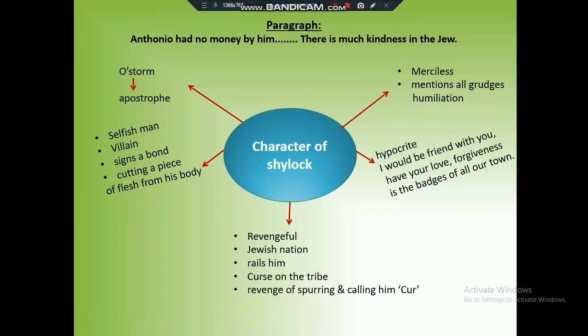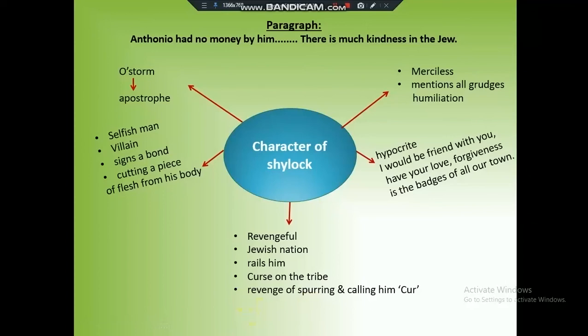Though there was enmity between the Jewish and Christian nations, being Christian, as we find many Christian characters spreading the teachings of Christianity, Antonio should not have behaved in this way, should not have looked down upon Shylock and other Jewish people.